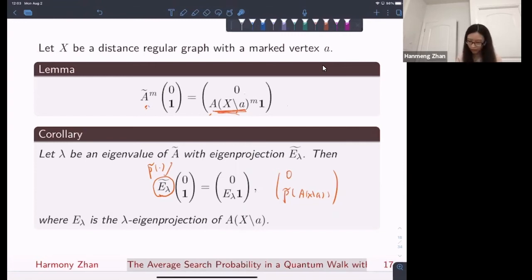Okay, so that is compatible with our expression here, because if lambda is not an eigenvalue, this projection is just equal to 0. Okay, so that's an interesting reduction.